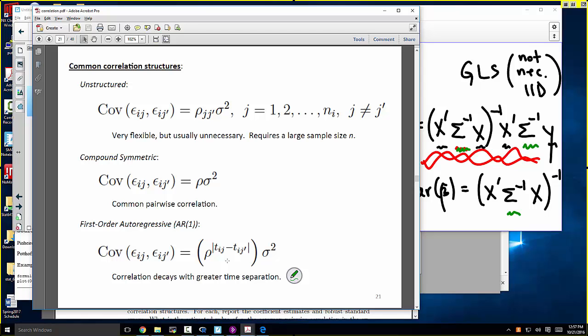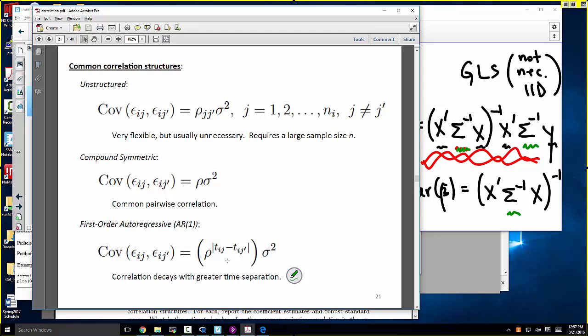So my blood pressure right now is highly correlated with my blood pressure in 30 minutes, but a model like this could allow it to be less and less correlated with my blood pressure next week or next month. This is also sensible in a spatial context.